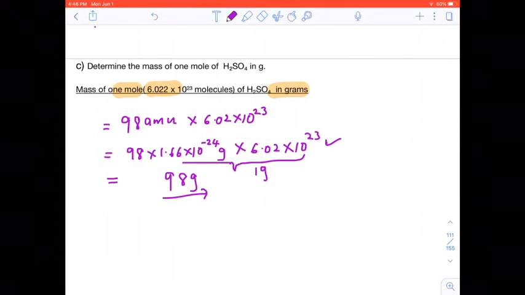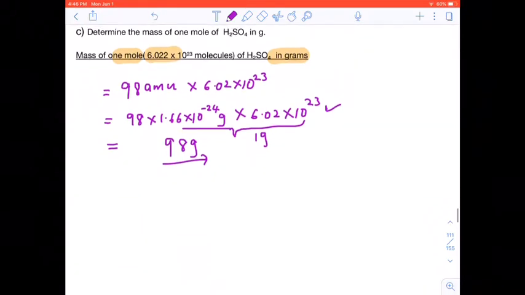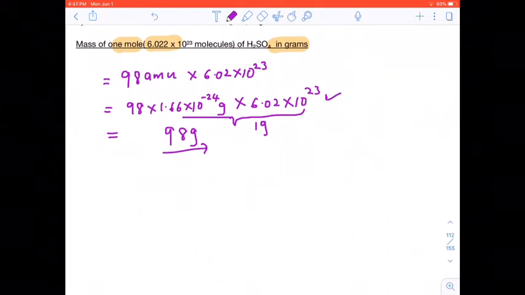There you have it. So you need to be able to see that if you have the atomic mass unit and you multiply it by 6.02 times 10 to the 23 and express that in grams, you're getting the mass of 1 mole of the substance.